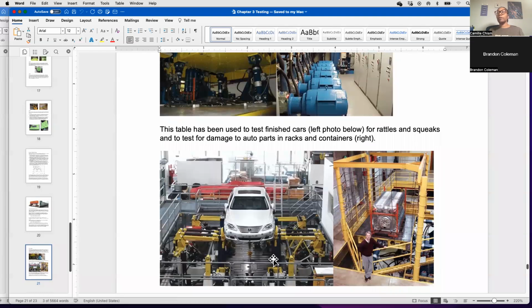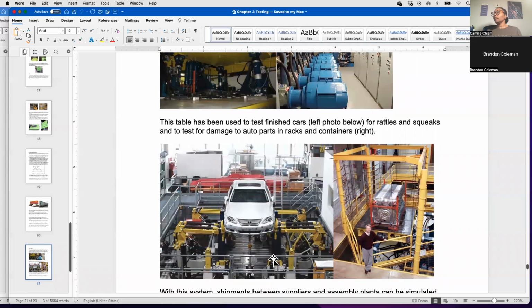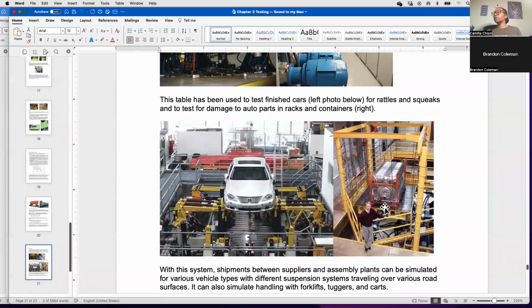So they will shake and vibrate the vehicles to simulate the road, to see how much noise is dampened by the interior design of the vehicle, as well as the squeaks, and how the suspension protects people from all the noise.